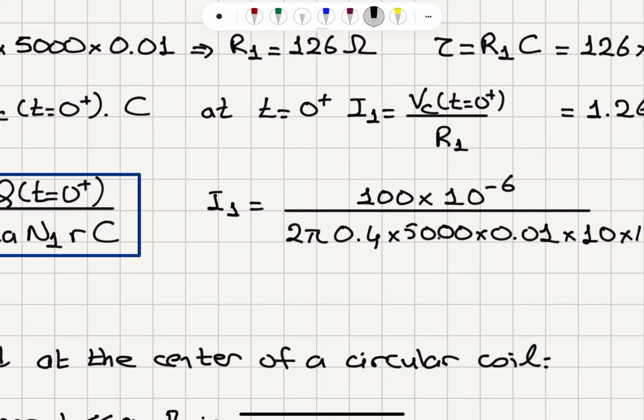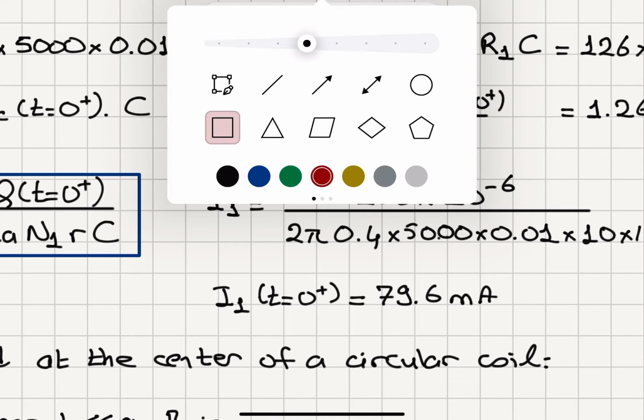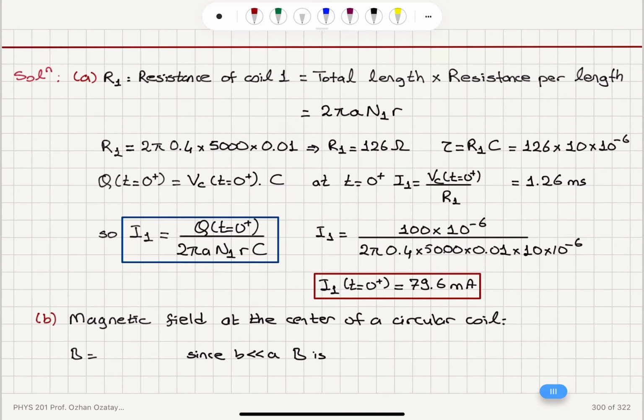So this gives me my final answer for the current at t is equal to 0 plus to be 79.6 milliamperes in the first coil. So that's the answer to part A of the problem.